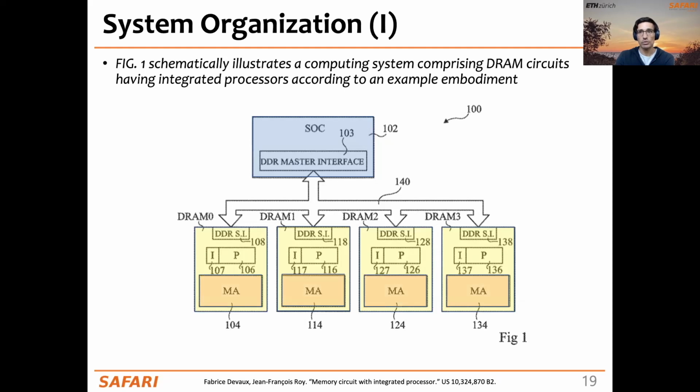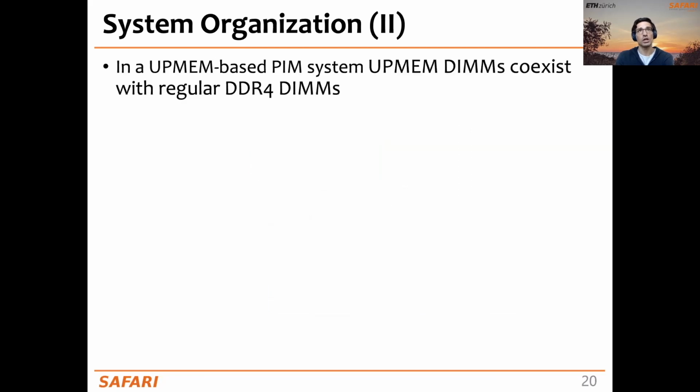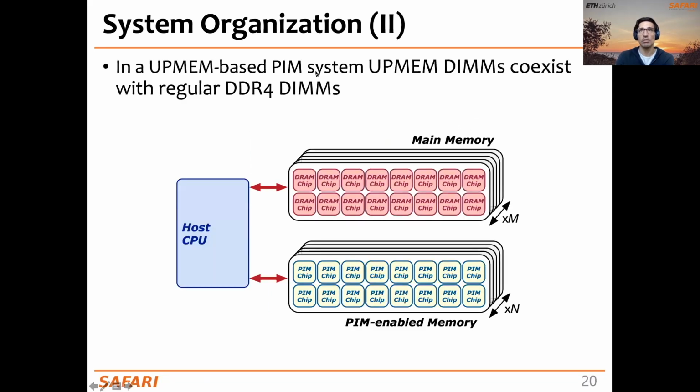Inside the PIM chips, we have memory arrays and small processors called DPUs. And here you have another view of the same system, where you can identify several DIMMs of main memory connected via memory channels and memory controllers to the host CPU, and also in other channels we find the UPMEM DIMMs, or PIM-enabled memory, a few of these DIMMs.